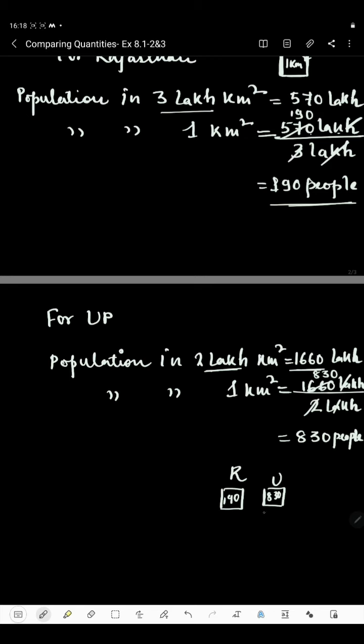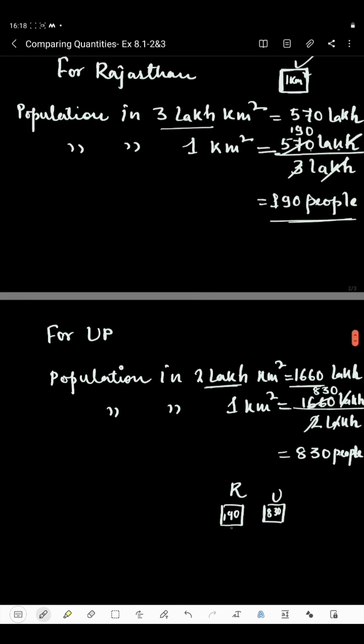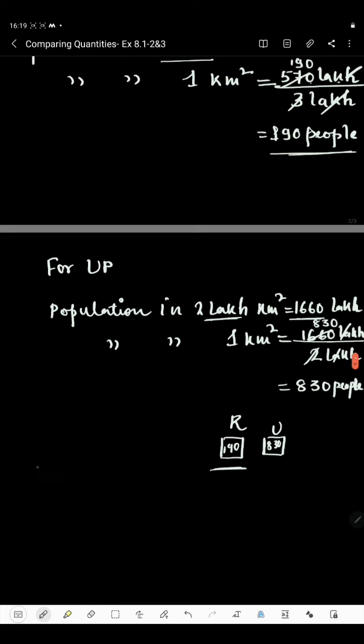So it's very easy to say which state is less populated. Here we can see that in Rajasthan fewer people are there in 1 kilometer square. So we will write, Rajasthan is less populated.